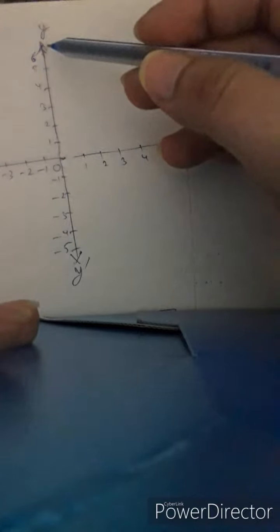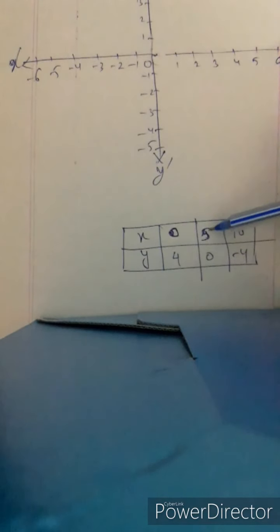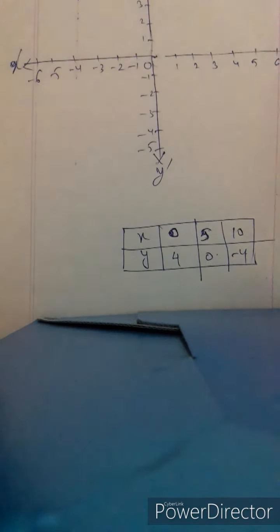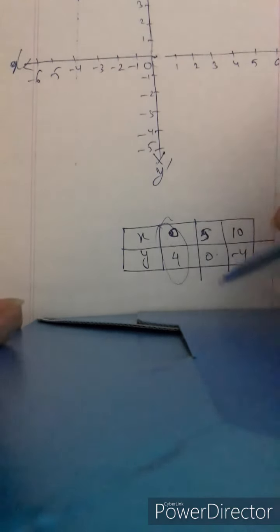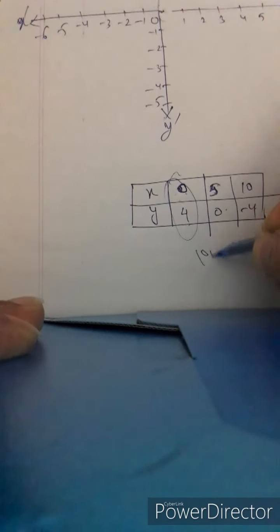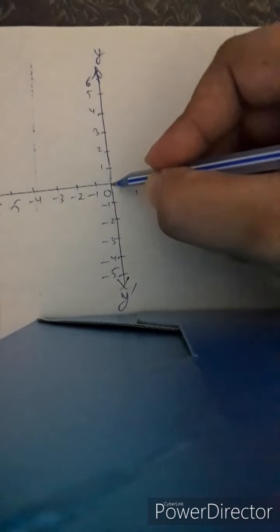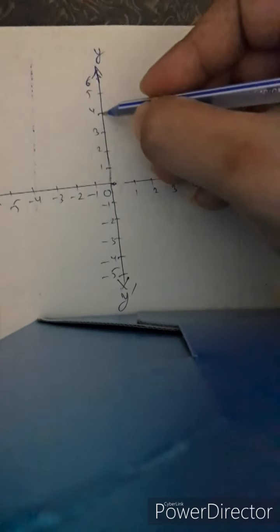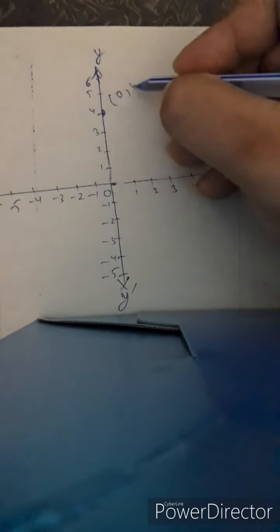This is the graph we have drawn. We have taken the x axis up to 10, and the negative x axis and negative y axis meeting at 0. The values of x and y were: x 0, y 4; x 5, y 0; x 10, y minus 4. First we'll draw the point 0, 4. Taking 0 on the x axis and 4 on the y axis, this is the point 0, 4.